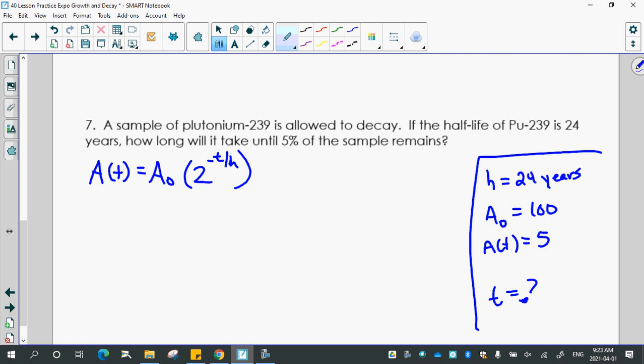All right, so then if we substitute those things into our formula, we're going to get 5 equals 100 times 2 to the negative t, that's what we're trying to find, over h, which is 24. So then we would divide both sides by 100. Good.